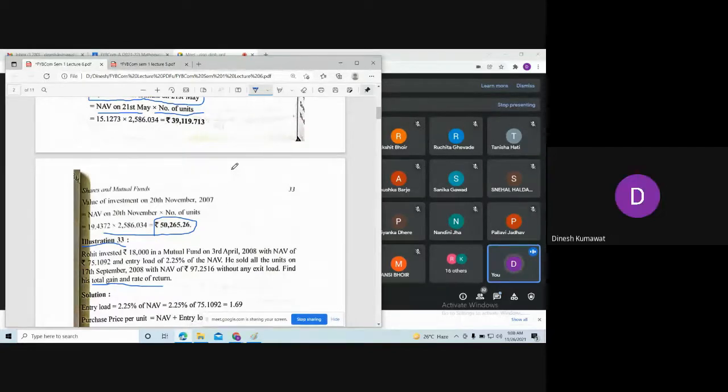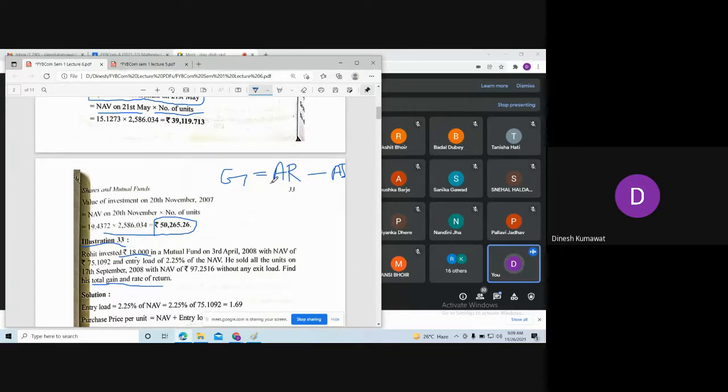See, we have the formula of gain as amount received minus amount invested. AR is for amount received and AI is for amount invested. Now we don't know about amount received in our problem. What about amount invested? 18,000. So amount invested is given to us in our problem.